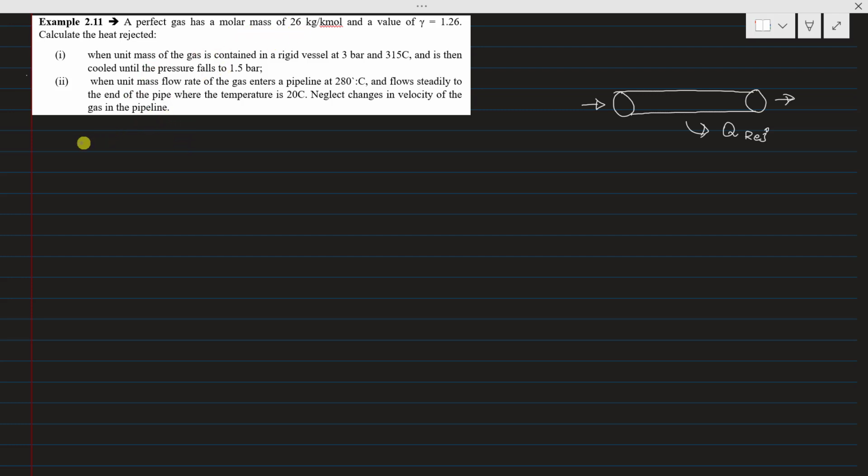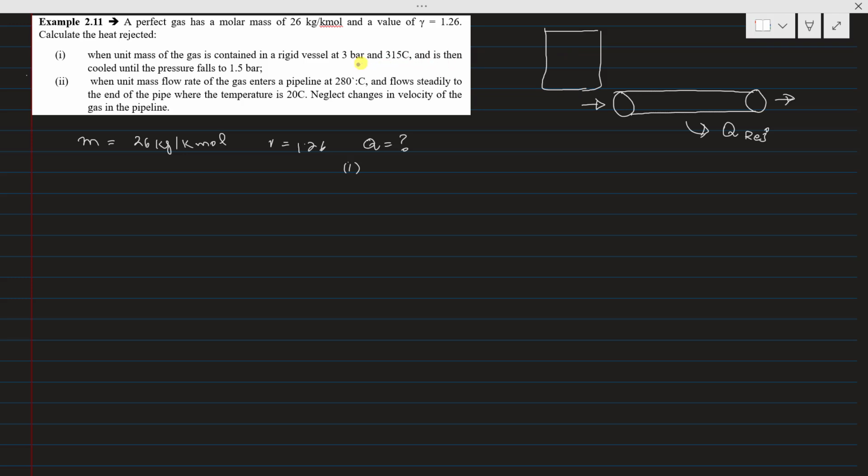The molar mass is given as 26 kg per kmol, and the gamma value is 1.26. We need to calculate the heat rejections. In the first case, there is a unit mass and the vessel is rigid, so the volume of the vessel is fixed.